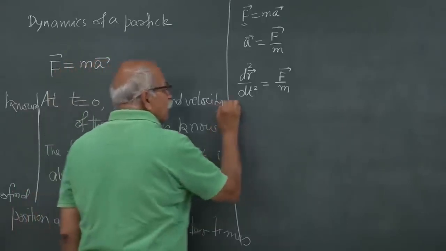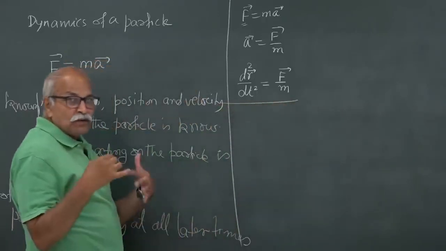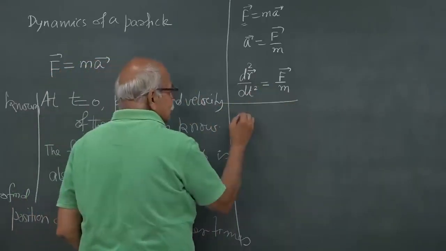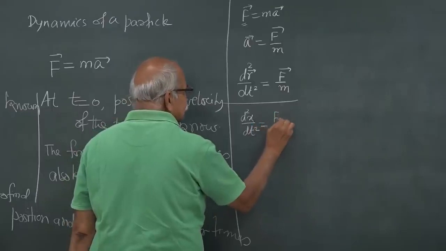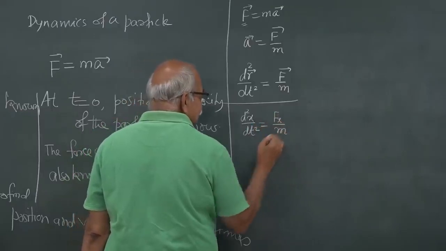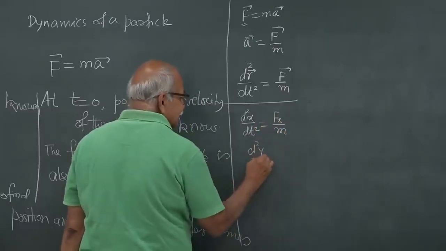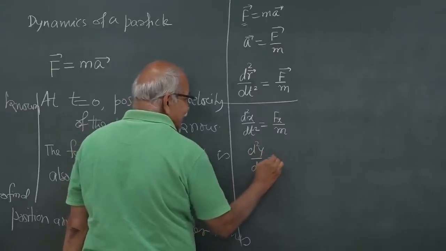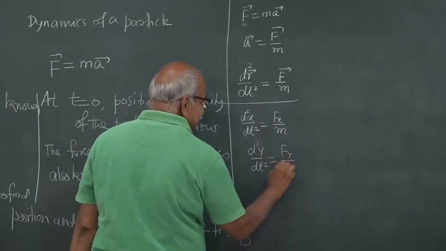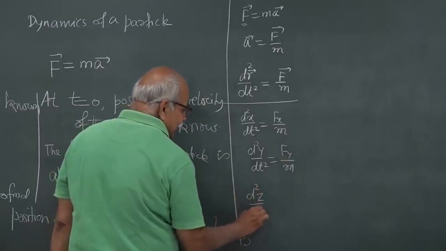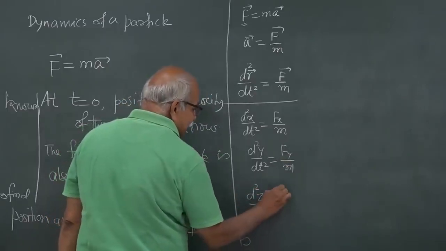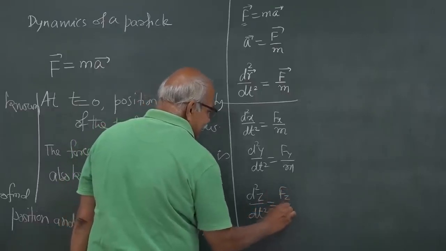If you write in Cartesian component form, you have three equations: d2x/dt^2 is equal to Fx by m, d2y/dt^2 is Fy by m, and d2z/dt^2 is equal to Fz by m.